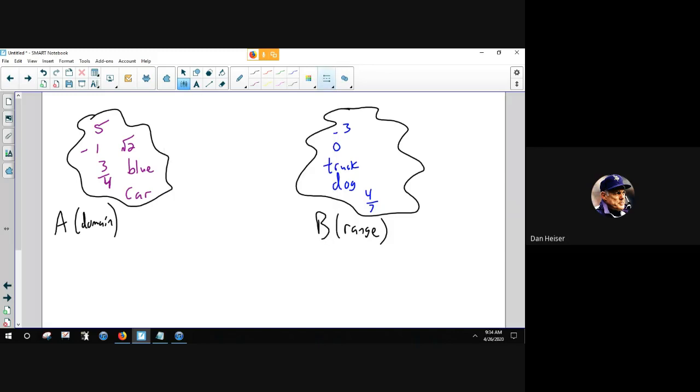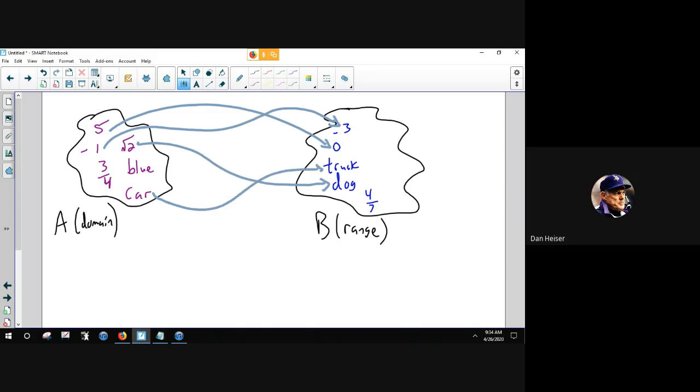I'm going to take, I don't know, I'll take 5, and I'll pair it with 0. And then I'll take, let's say, -1, which is going to pair with -3. And let's say the square root of 2, it's paired with dog. And you can pair anything with anything. Car, I'll pair with truck.